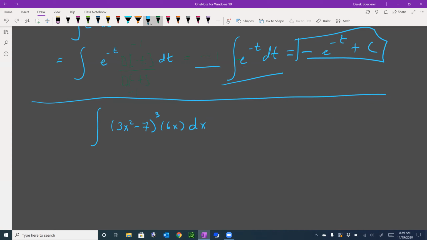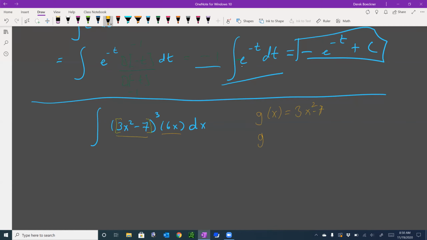Okay, so what's nice about this one? This looks like an inside function again. Yellow looks better. So I've got this inside function, and the derivative of the inside function shows up right there, which is nice. I'm going to treat this a little like how we did chain rule stuff, where I explicitly say that g of x equals 3x squared minus 7.